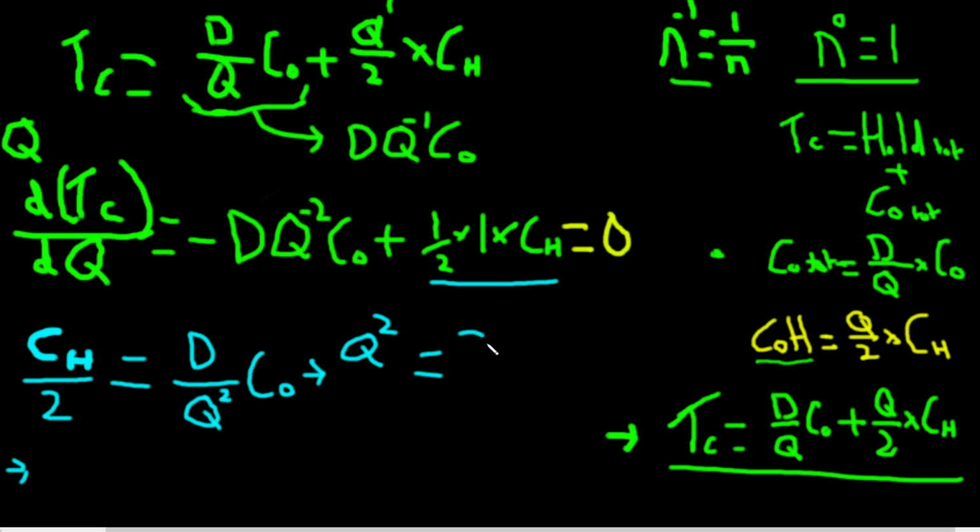So we end up with 2 times your demand divided by, and then what we want is, so we've got this part, we've moved the Q squared over, we just need to divide by this cost of holding. Okay, and then that is our new formula.